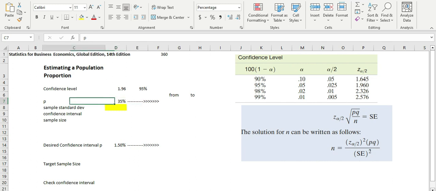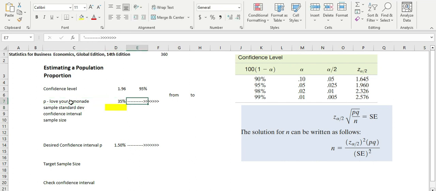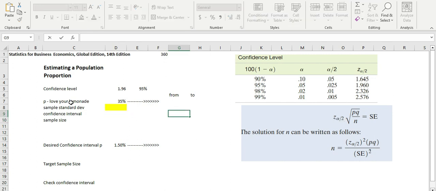Let's say that 35% of people love your lemonade. Then 1 minus p, 1 minus that, means 65% of the people you sampled don't love your lemonade.